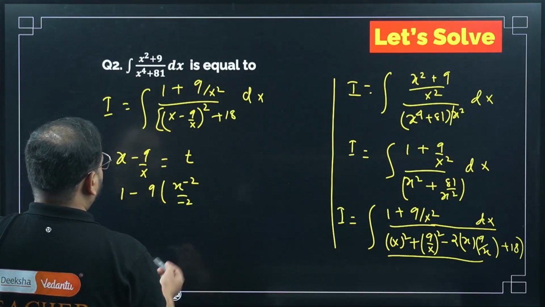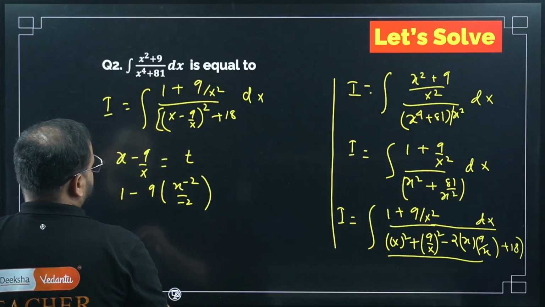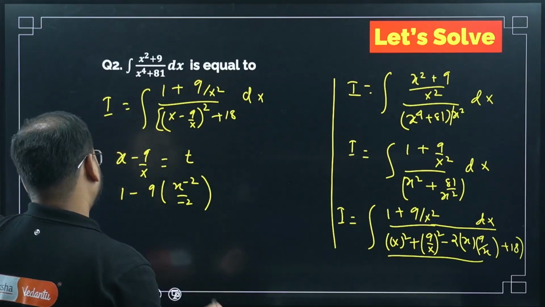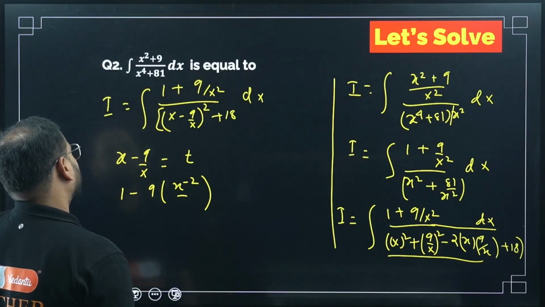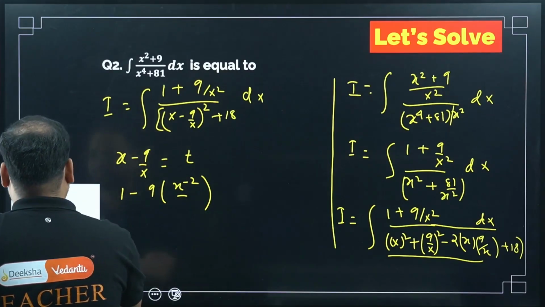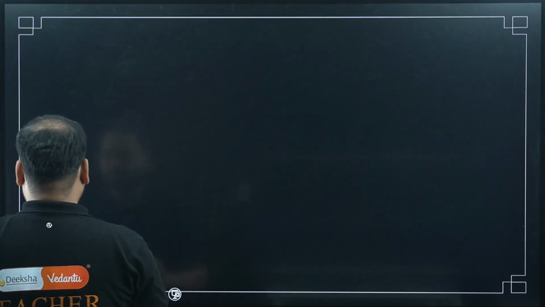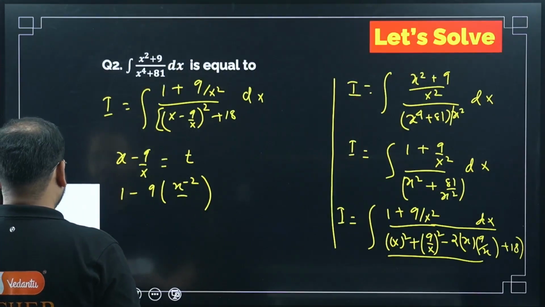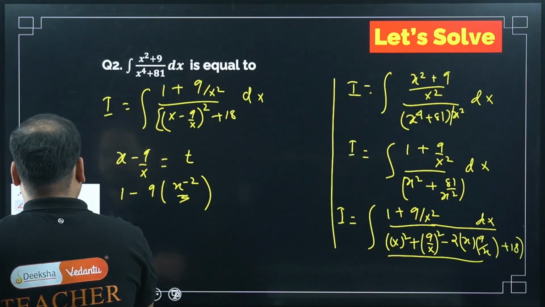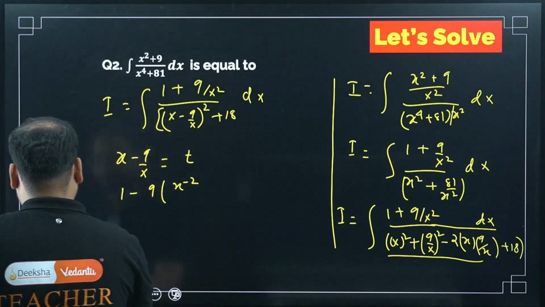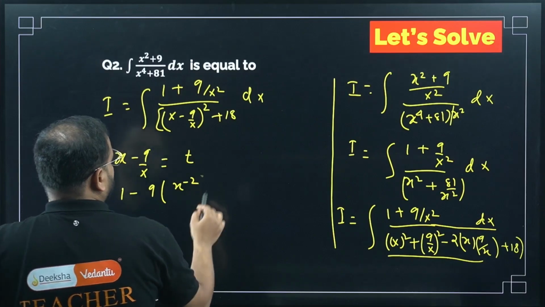So simply what will become? Please check. 9 upon x is there, right? Oh, no, not plus 2. Okay, differentiation, no? Yes. I was thinking of integration. Forgive me. I was thinking of integration in my mind. So it's going to become simply minus 2 times of what?